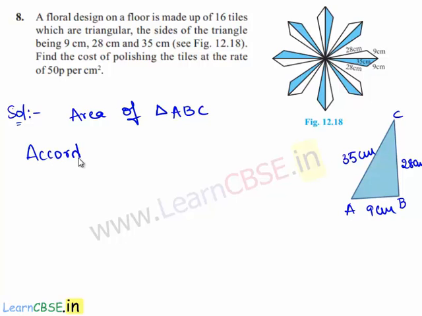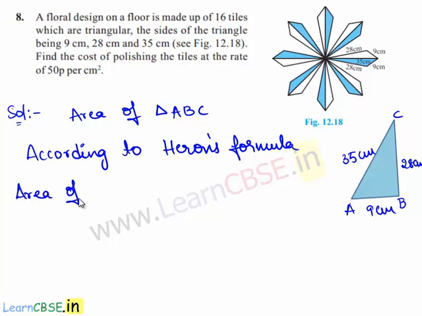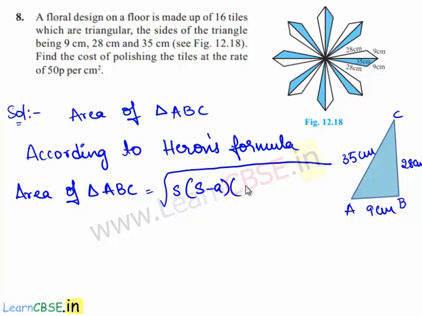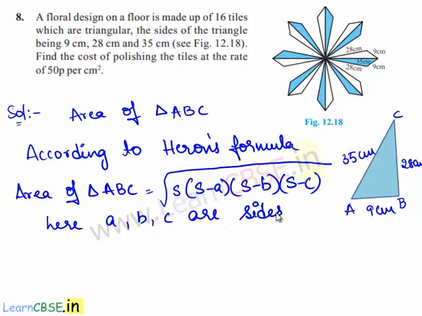According to Heron's formula, area of triangle ABC is equal to square root of S times S minus A times S minus B times S minus C. Here A, B, C are sides of the triangle and S is a semi-perimeter which is calculated by A plus B plus C divided by 2.